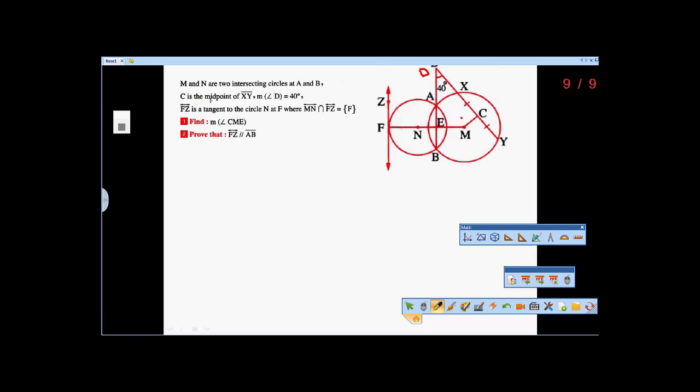Before I start, we learned it before: if I have a chord like XY and a midpoint like C, then MC is perpendicular to this chord. I can write it directly. It means the measure of angle MCX or MCD is equal to 90.